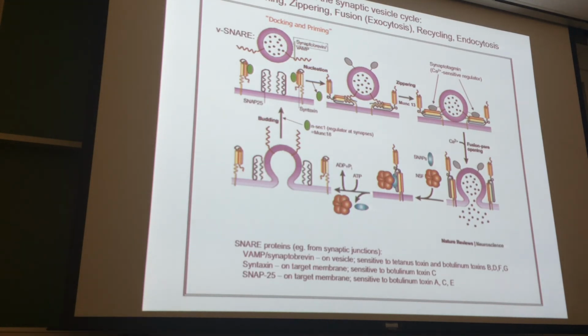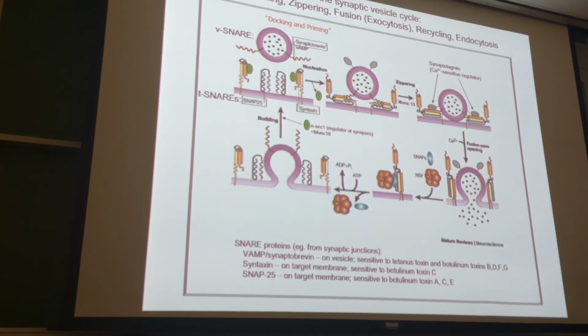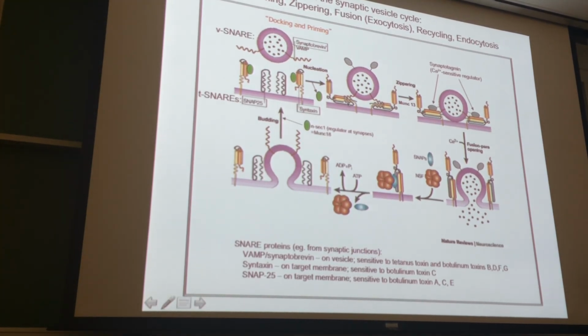So the V snare and the T snares, that's synaptobrevin and the T snares, they interact, okay? So they start to interact, and it's interesting. You see they're elongated structures. They have large alpha helices, so they've got these rods. And the rods kind of come together, okay? And then they turn to the side. You see how they're off to the side? And that's what's ratcheting down the vesicle.